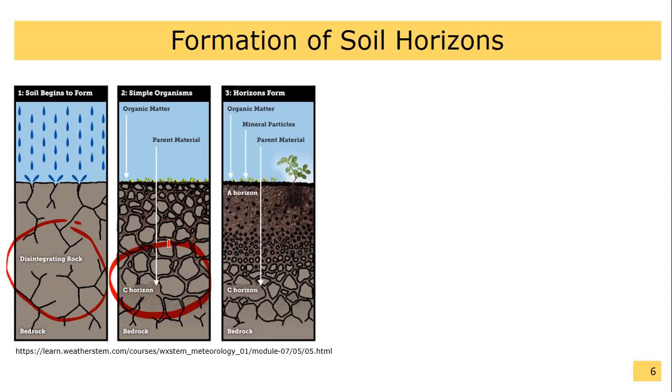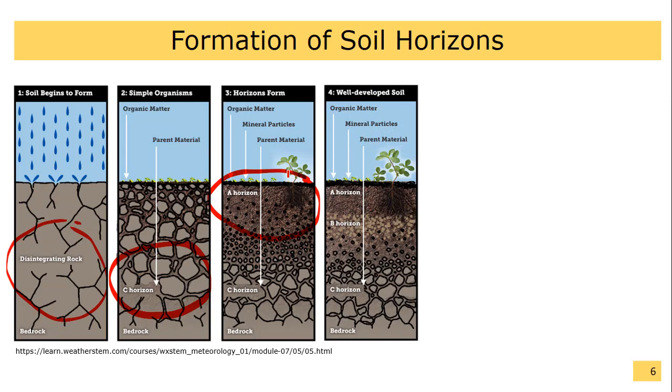As more plants start establishing, parent materials break down into mineral particles and more soil develops, resulting in the A horizon. Well-developed soil now has one more horizon established, called the B horizon or subsoil, along with the C horizon with bedrock.